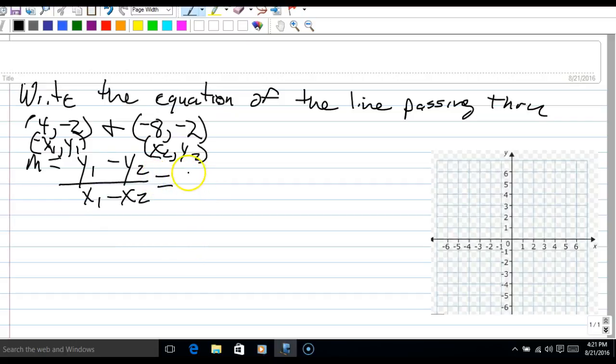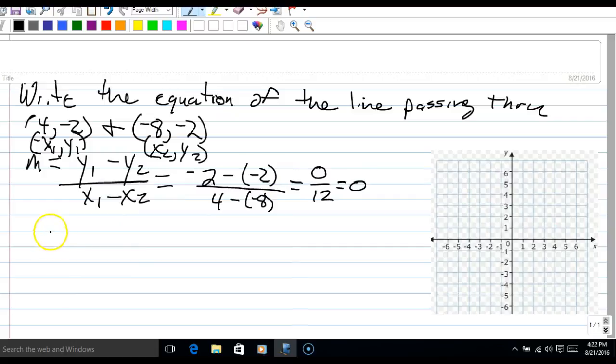So I have y sub 1, which is negative 2, subtract y sub 2, which is a negative 2, all over x sub 1, which is 4, minus x sub 2, which is a negative 8. Be careful with your signs here. I have negative 2, and if I change the subtraction to addition, change the sign of the number being subtracted, that's negative 2 plus 2, which is actually 0. And 4 subtract negative 8 is 12, which actually gives me a slope of 0.